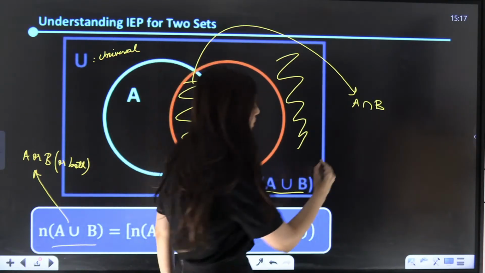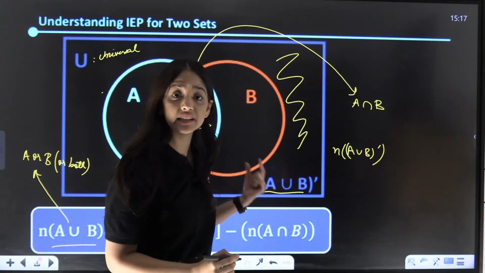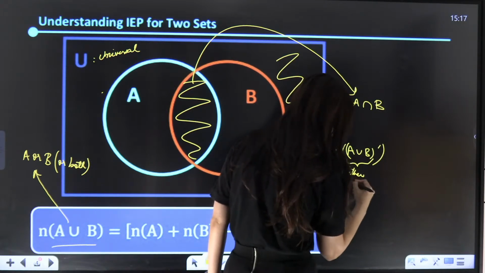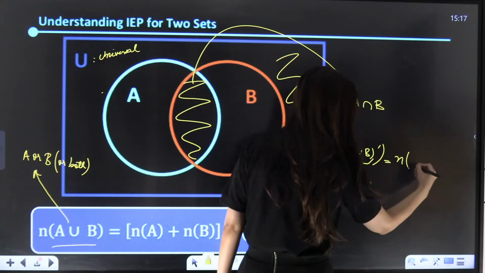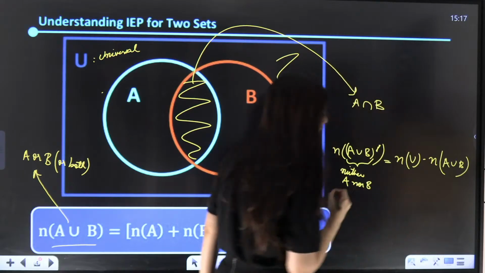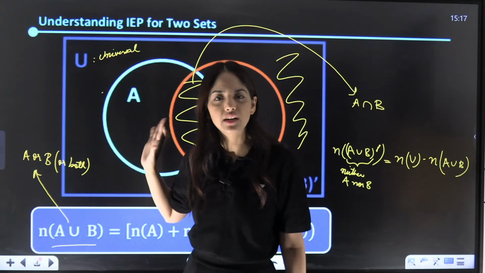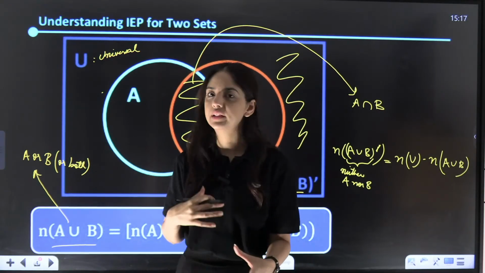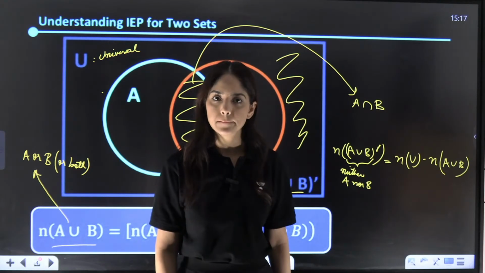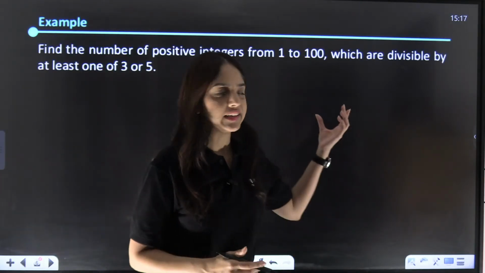If we want to count the number of elements that are neither in A nor in B, we will simply do n of U, all the elements that were there in the universal set, all the total elements we were talking about, and subtract the ones that were there in A union B. Okay, so we'll see how we can apply this formula directly here.